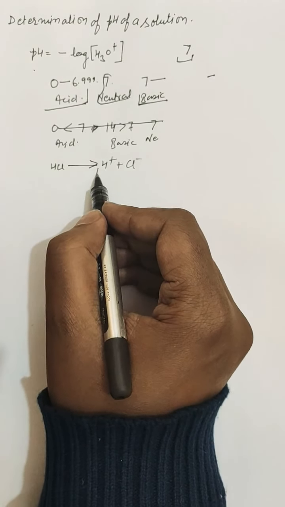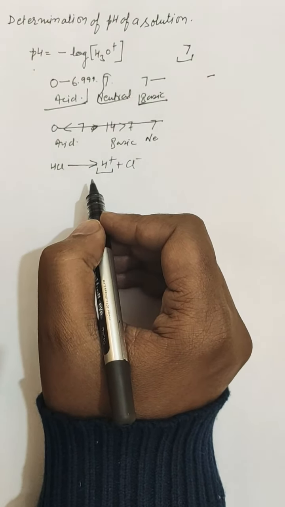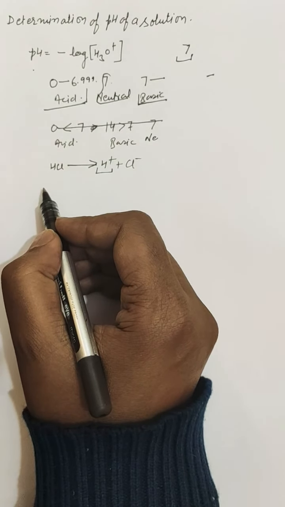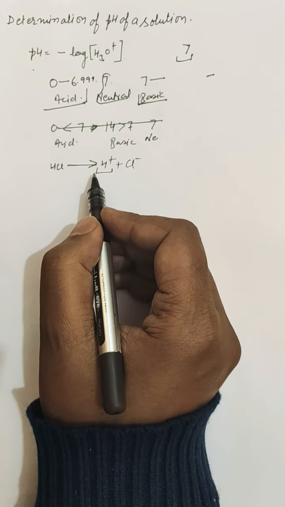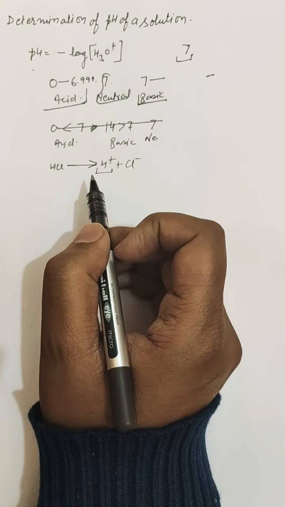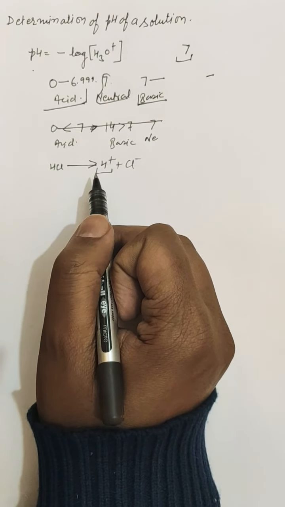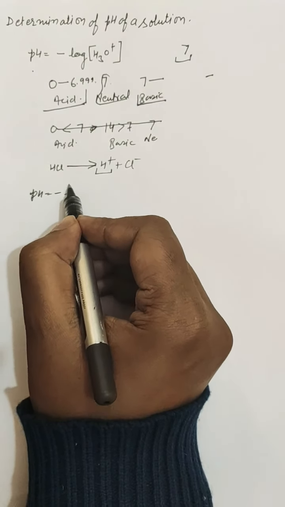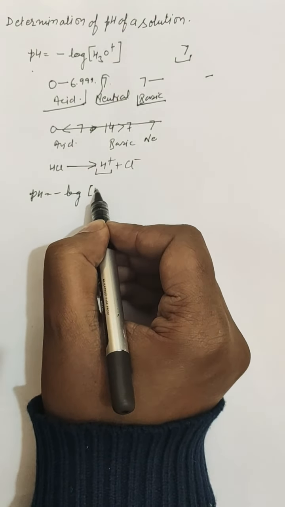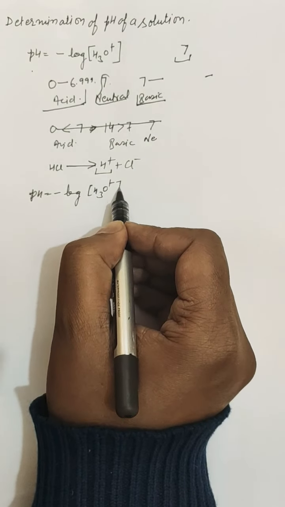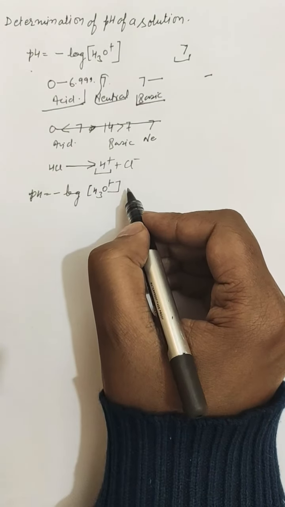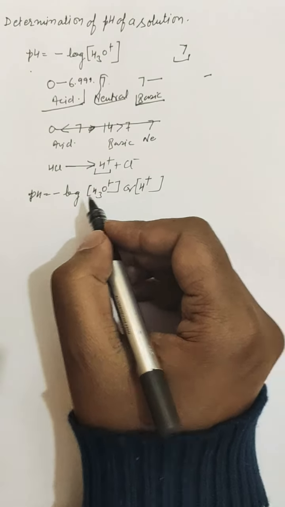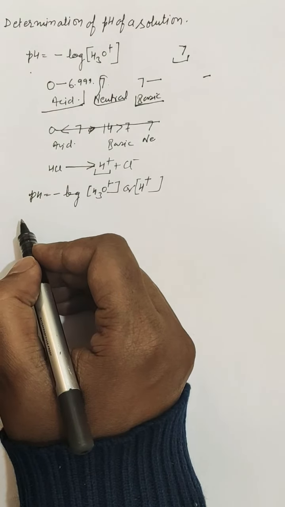So the proton concentration of this solution will tell us about the pH of the solution, and eventually whether the solution is acidic, basic, or neutral. So pH is equal to negative log of either hydronium ion concentration or proton concentration. This is the way to measure the pH.